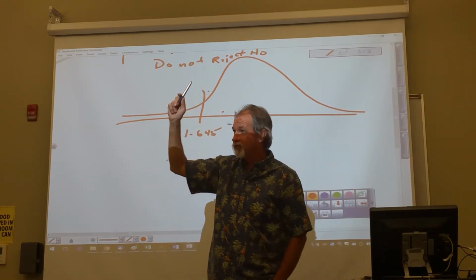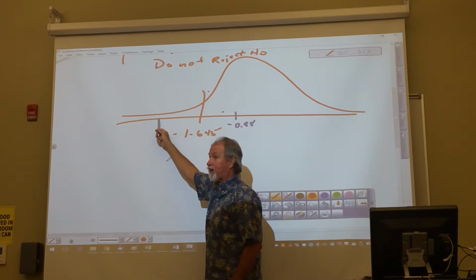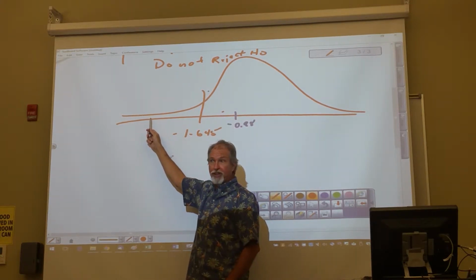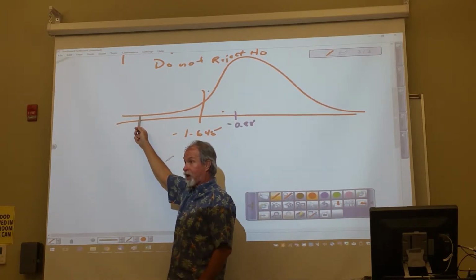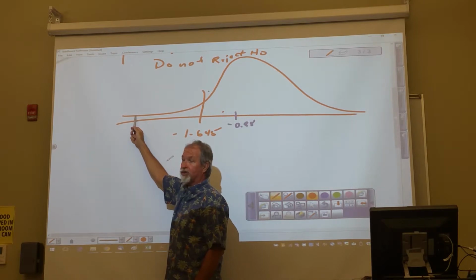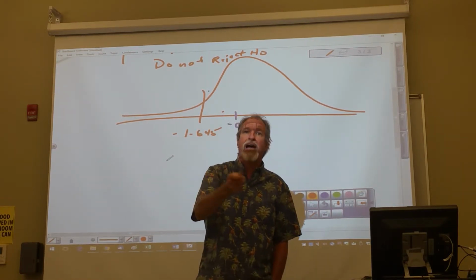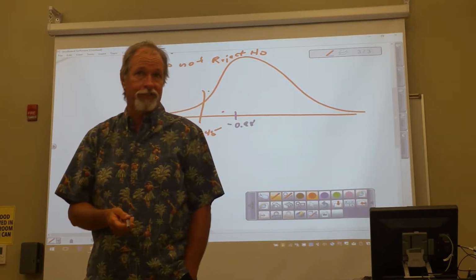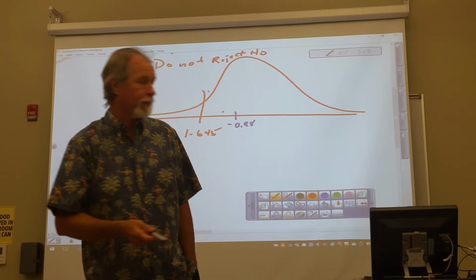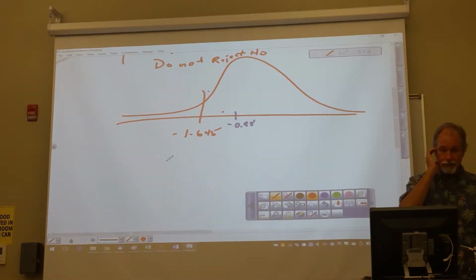Guess again. Small. Because remember out here, the p-value is the probability. And as I go farther and farther away, my probability gets smaller and smaller. So if my p-value is less than my alpha, I reject the null hypothesis.